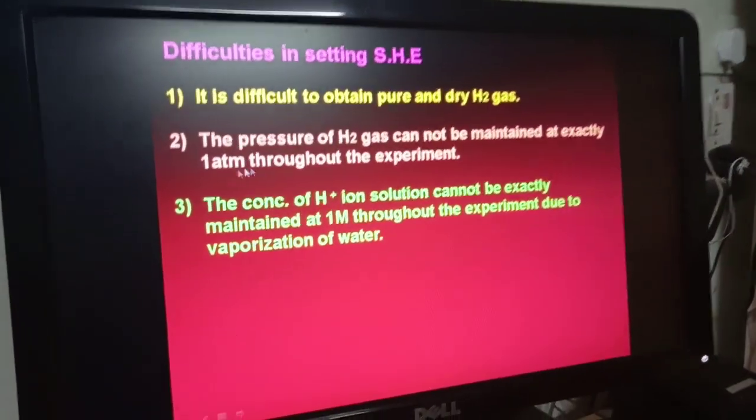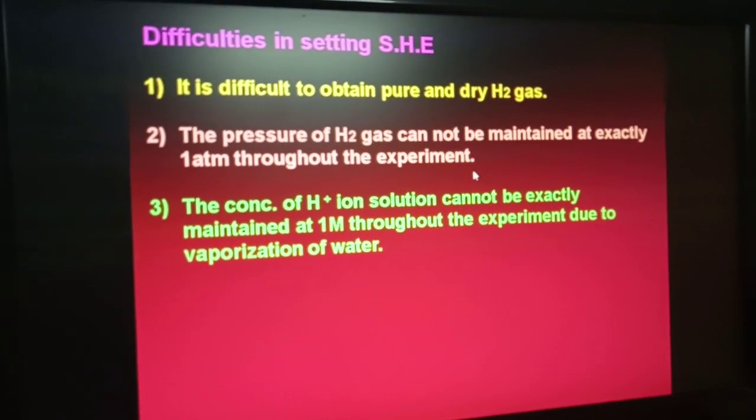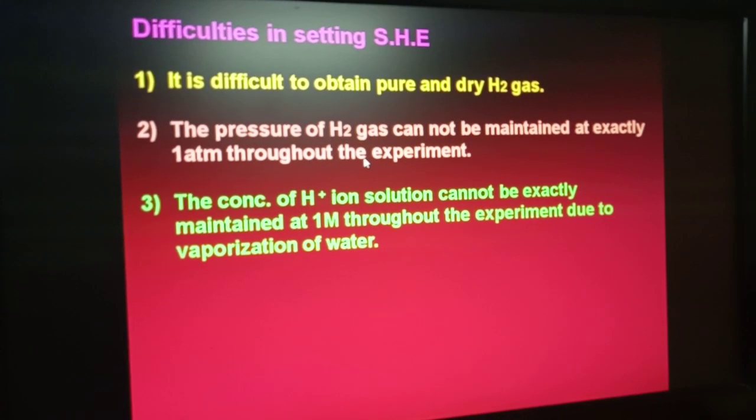Also, moisture can come in contact with hydrogen gas, and the purity of hydrogen gas will not remain, nor can its pressure be kept exactly 1 atmosphere. Then we find pressure of hydrogen gas cannot be maintained exactly 1 atmosphere throughout the experiment. That is the second difficulty. I have already explained this point to you.